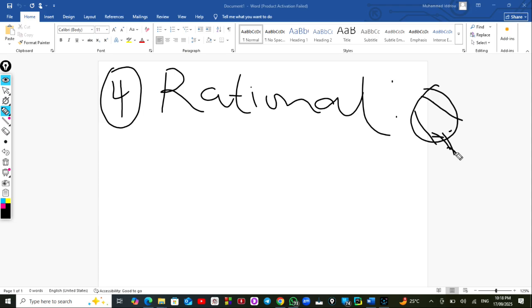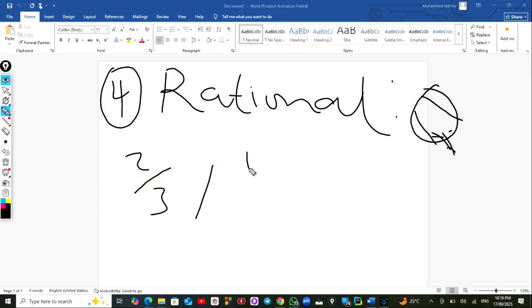Okay, so let's look at it. Rational numbers contain fractions, and the kind of fractions it contains, maybe 2/3. All fractions are rational numbers.